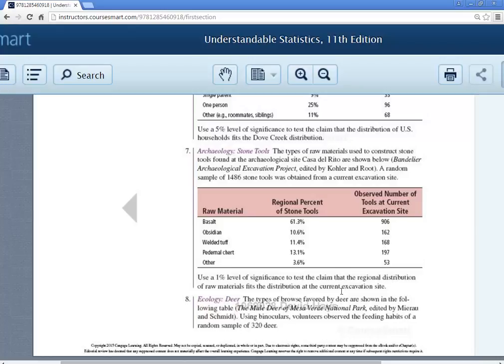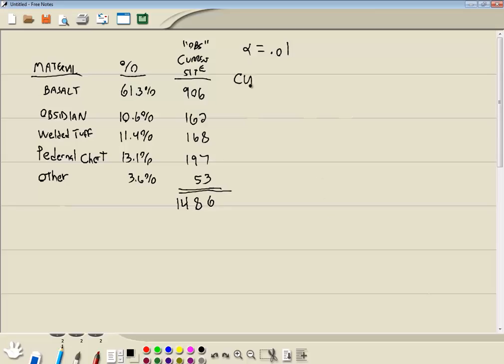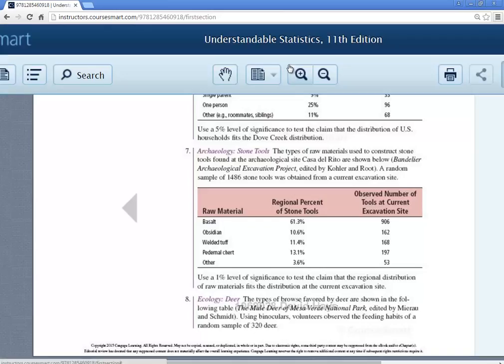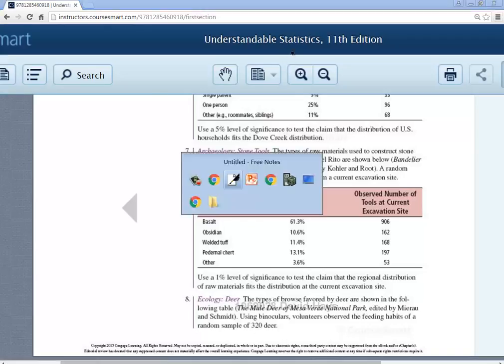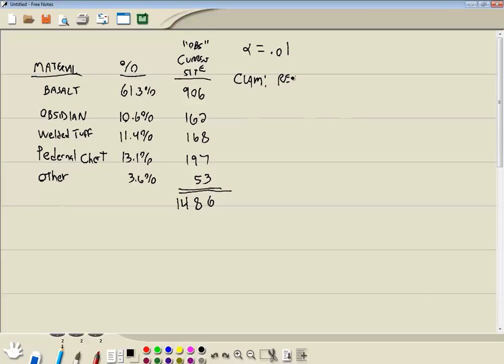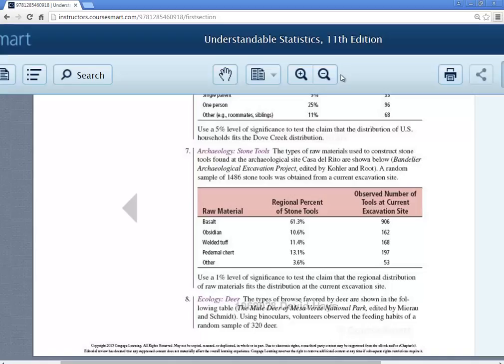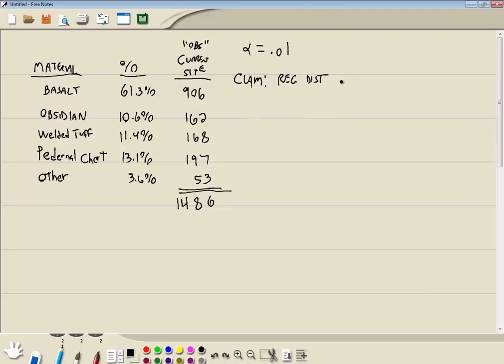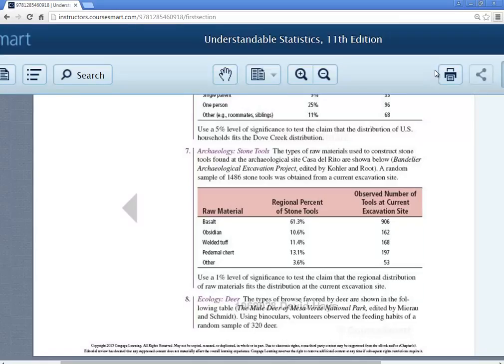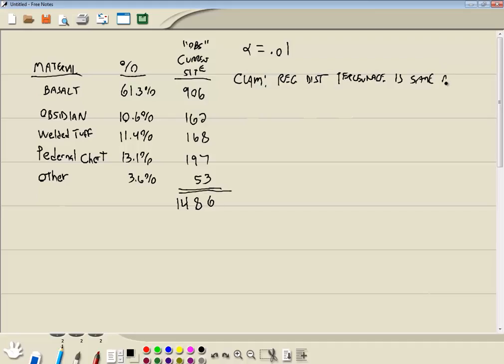Okay. So the regional distribution proportion or percentage, however you want to think of it, is the same as the current site.